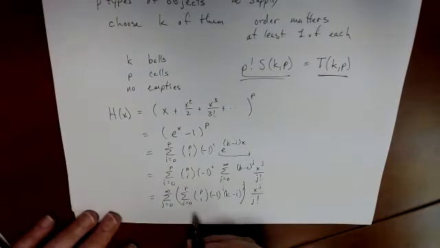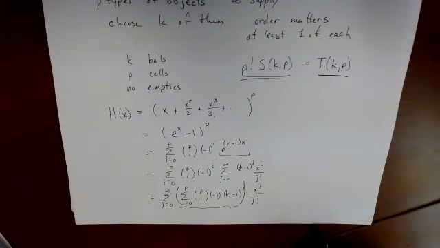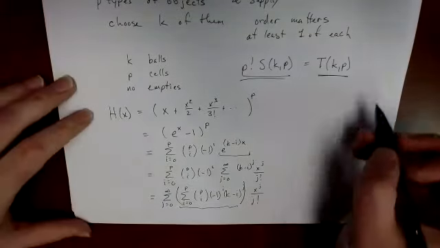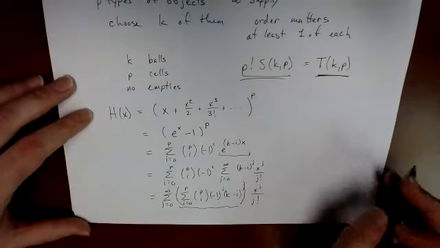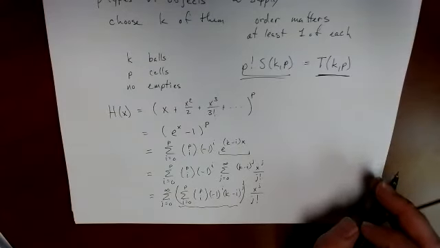So then that piece in the parentheses there, that is the sequence t of k comma p.